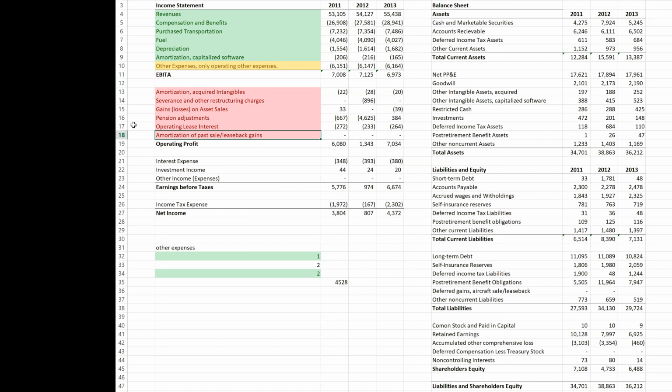And so that may mean that you put in an item for UPS or FedEx, alternatively, that isn't in the other one. And so this is one of those items. UPS doesn't have any of this, but FedEx does. So that makes it easier for us to compare those two balance sheets.